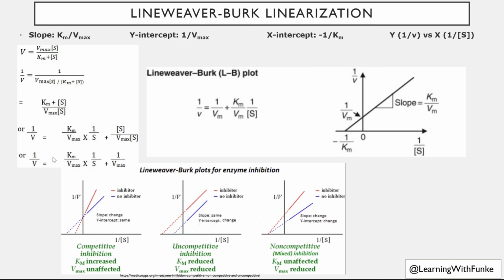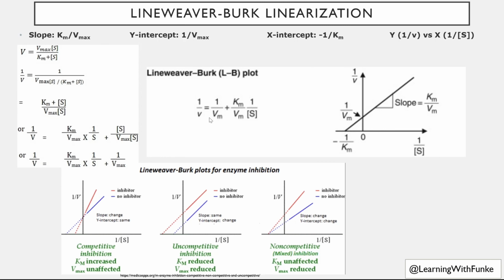So using the format of y equals mx plus b, you can see that your y here is what? 1 over V. And your x is what? 1 over S, right? And then your y-intercept is 1 over Vmax, while your slope is Km over Vmax. You can also solve for your x-intercept by setting your y term to be 0.